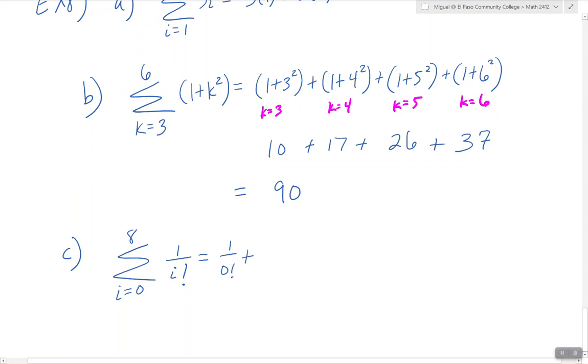And because it's sigma, it's always going to be plus the next term. 1 over 1 factorial, 1 over 2 factorial plus 1 over 3 factorial plus 1 over 4 factorial, all the way to 8.